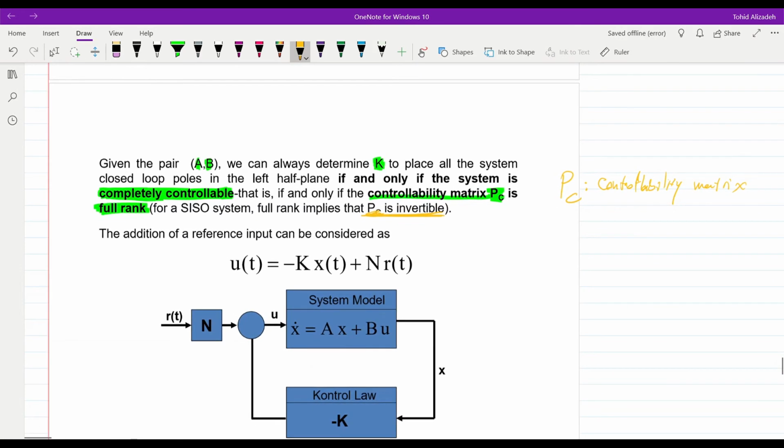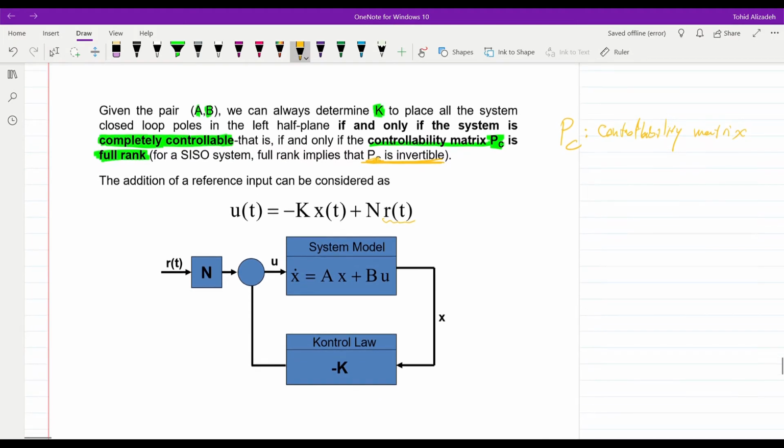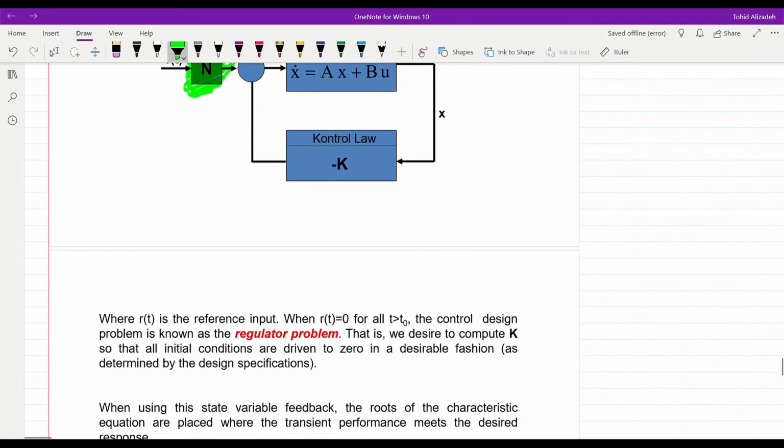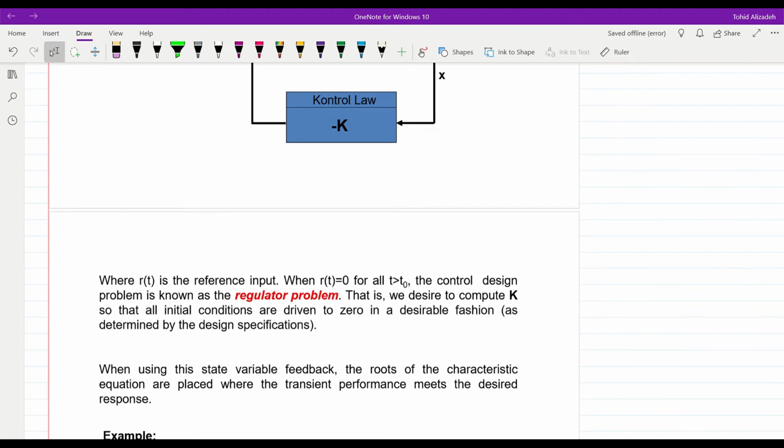If we consider also the effect of R, the reference signal, the closed loop system will have this form. So we would need this N here, and we will discuss later why we need it. But U in this case will become minus k times x plus N times R of t. If we set R equal to 0, then we will have what's known as the regulator problem.